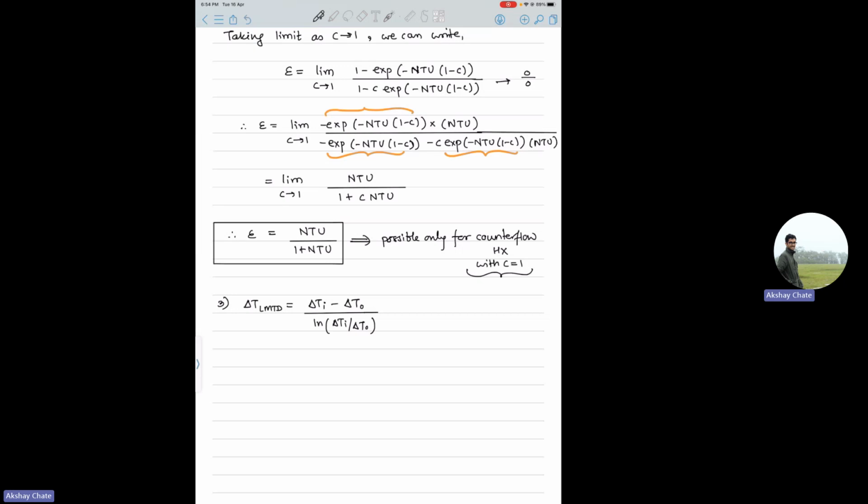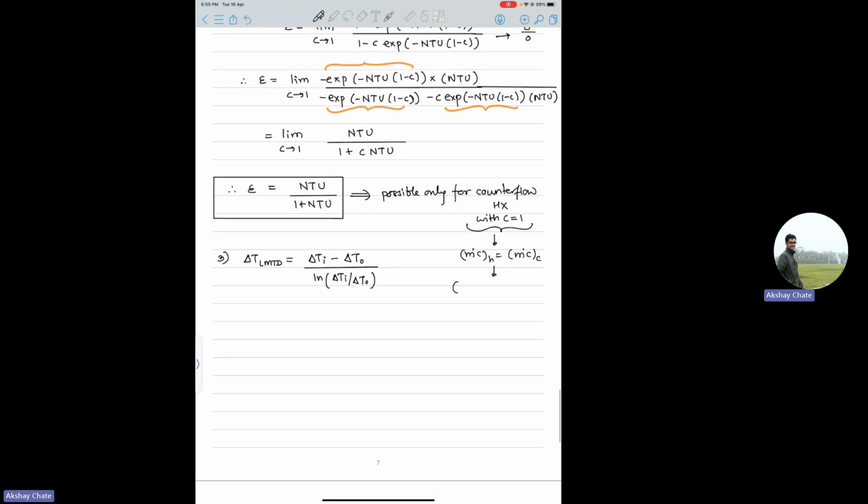So in that case, your m dot C for hot and m dot C for cold fluids are the same. That means THI minus THO is the same as TCO minus TCI, because Q is the same, right?